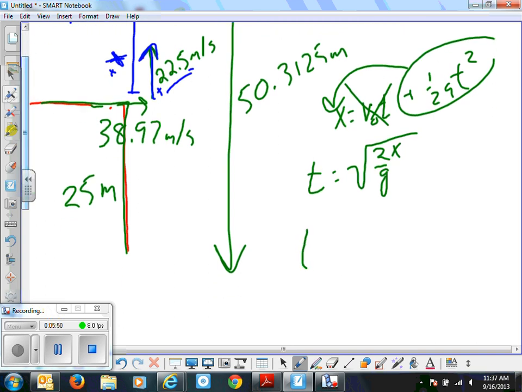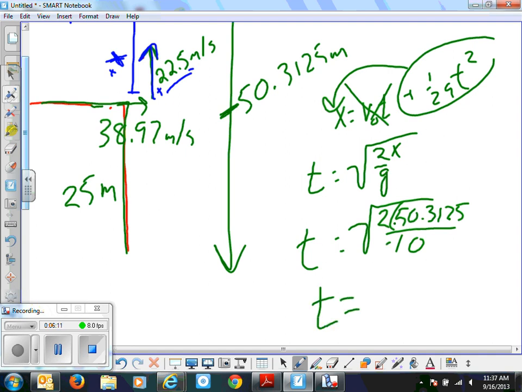And then my time in this case is going to be the square root of 2 times 50.3125 divided by 10. Now, in reality, this 50 is a negative, right, because it's going downwards. So it's a negative, this is a negative 10. What is my time to fall then, people? Okay, time to fall is 3.16 seconds.